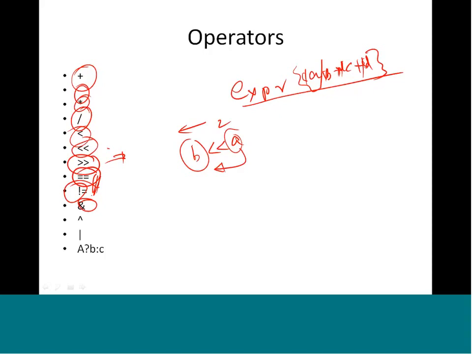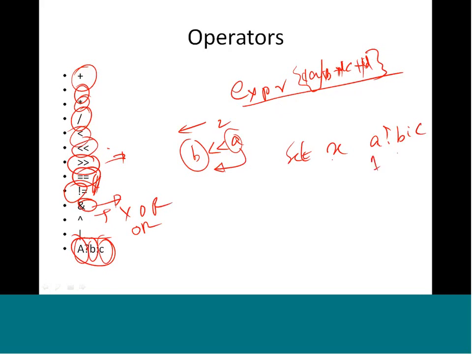but these are bitwise AND, this is bitwise XOR, bitwise OR, and this is a conditional operator where if A is non-zero, then take B, otherwise take C. So if you say set X A question mark B C, if A is 1, then X is B. If A is 0, then X is C. Okay.